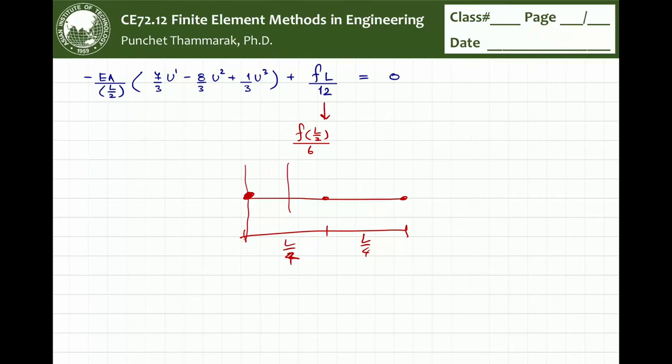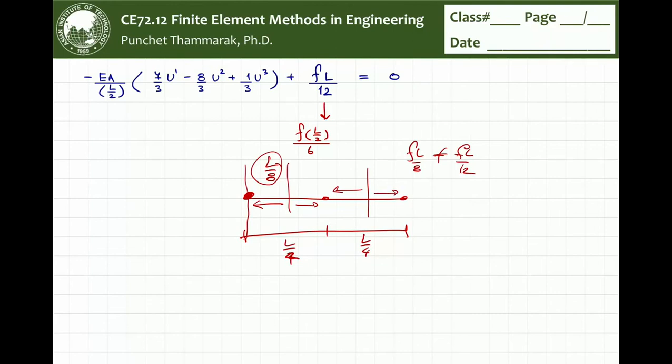The part of the force that comes to this node, if you use linear distribution or the concept of tributary area, will be L over 8. So your force will be FL over 8, which is not FL over 12. But that is based on the linear distribution. So you distribute half to there, half to here.